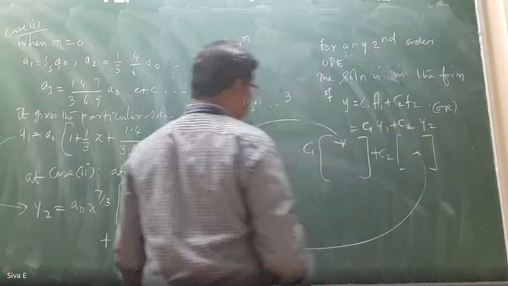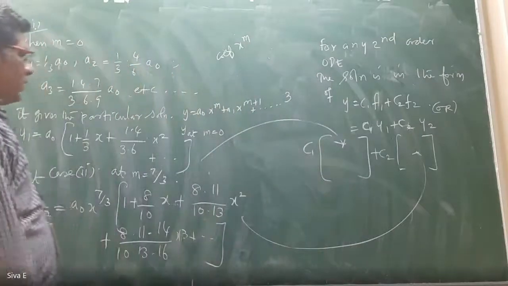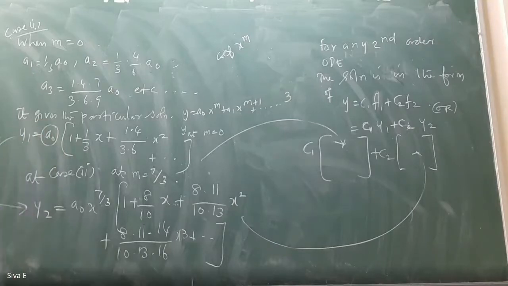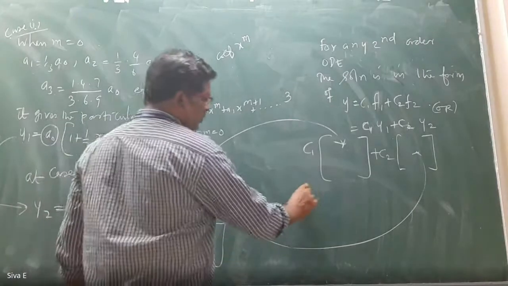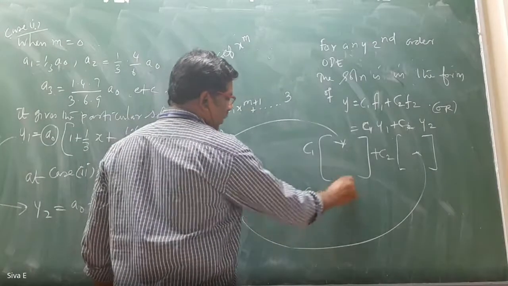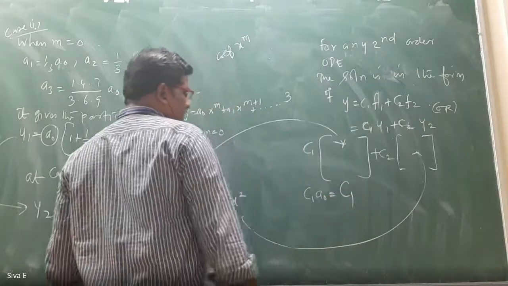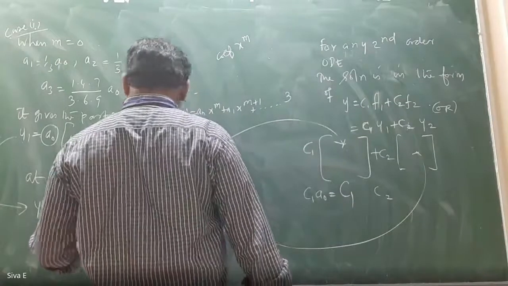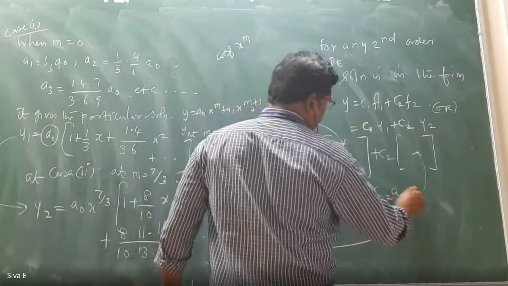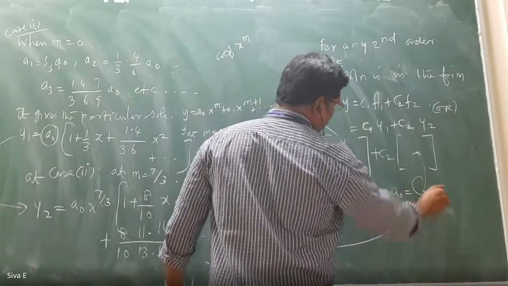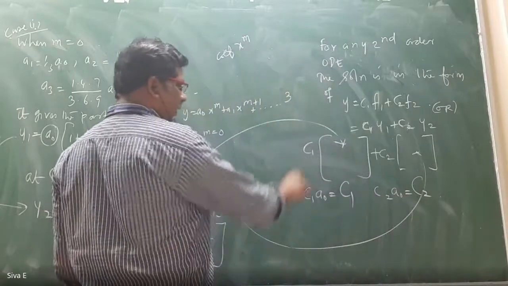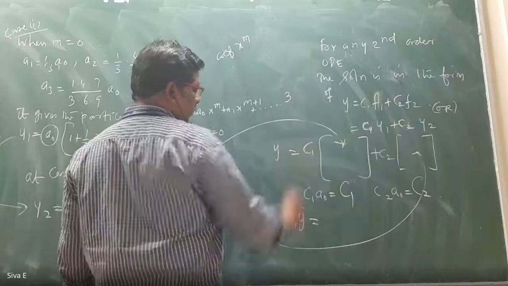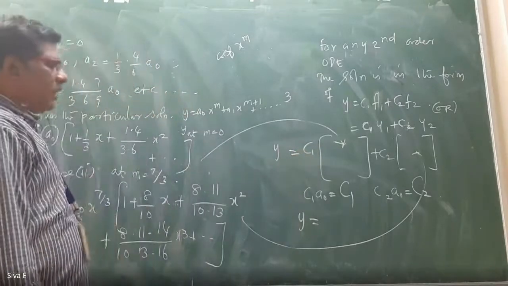Then you can combine the constants: take c1 a naught equal to capital C1, c2 a naught equal to capital C2. So finally we can write y equal to, otherwise you can leave it, no problem.